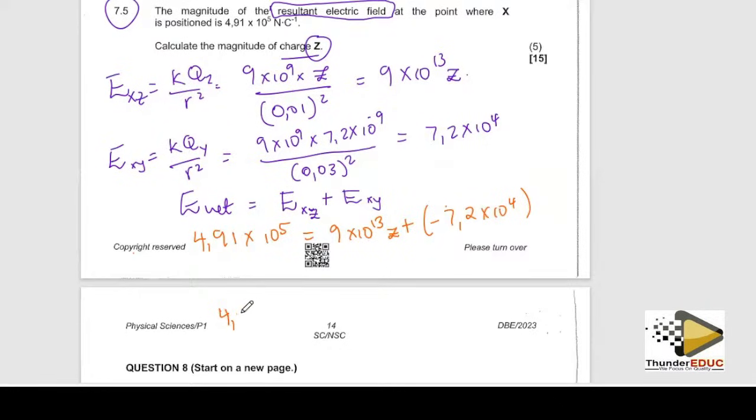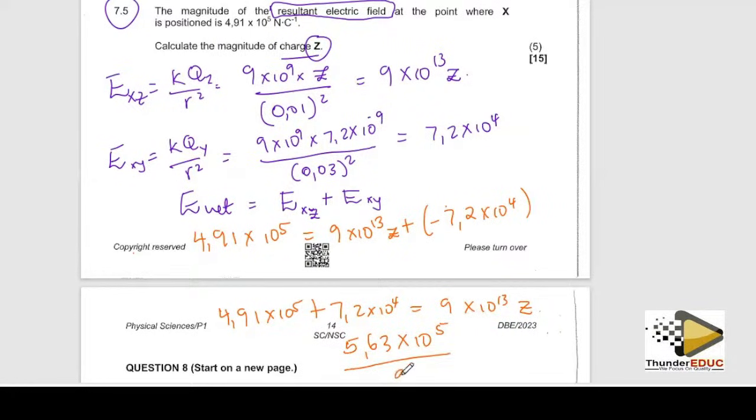So that's going to be 4.91 times 10 to the 5 plus 7.2 times 10 to the 4 is equal to 9 times 10 to the 13 Z. Adding the 7.2 times 10 to the 4 gives me 5.63 times 10 to the 5.